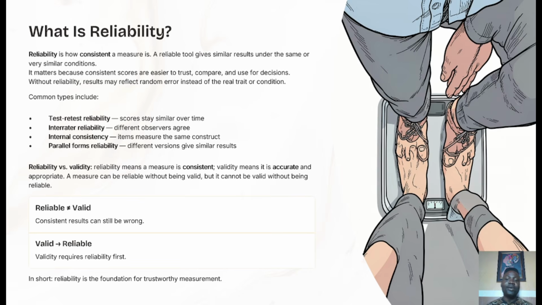Now let us talk about reliability. Reliability is how consistent a measure is. So a reliable tool gives similar results under the same or very similar conditions.